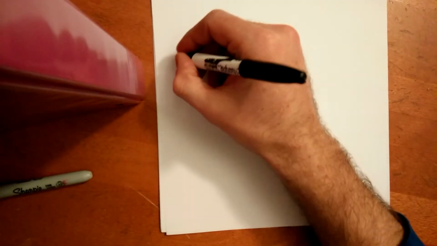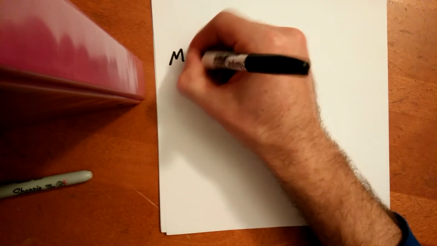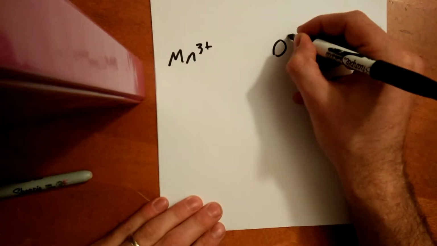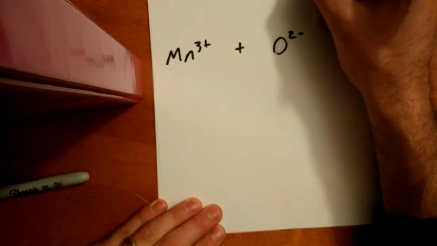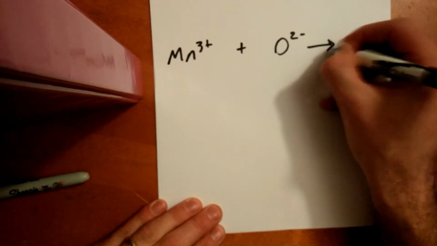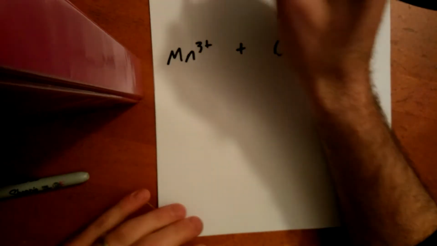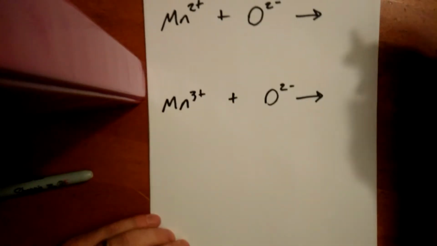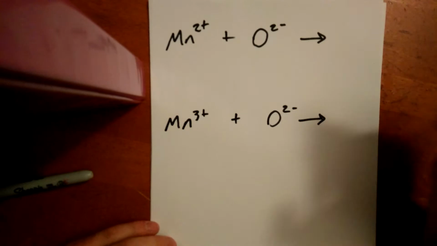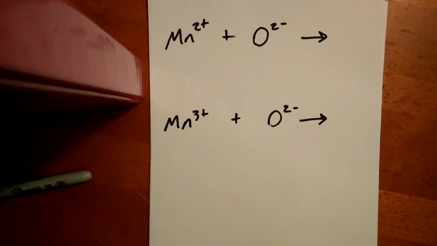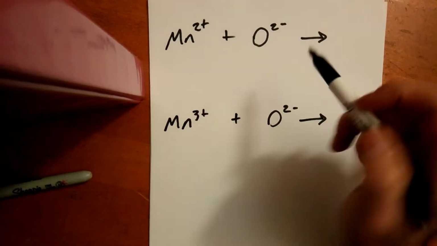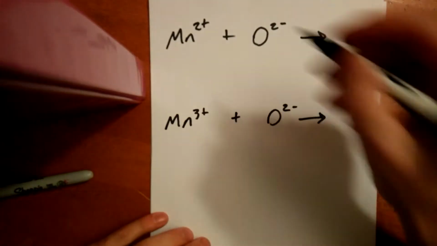You know what, let's do the manganese 2 plus, and I'll do a second example with manganese 3 plus. So these are both going to go, and if we look at this one, here's a shortcut. Instead of drawing out the manganese being dumped in a container full of oxygen, you can just do it a little easier.